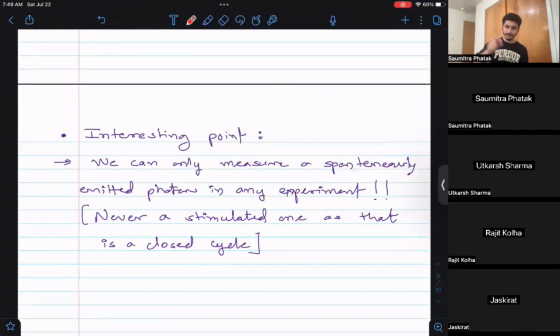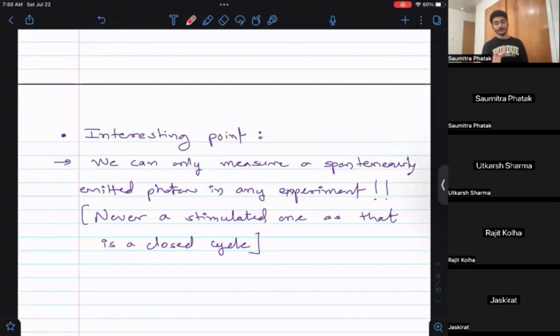Consider a completely stimulated process: you have a laser incident on an atom with a two-level system, and the electron goes from the first level to the second level and comes back down. If there is no decay of the system, and nothing naturally makes the electron come from the excited state to the ground state, this process will go on forever.